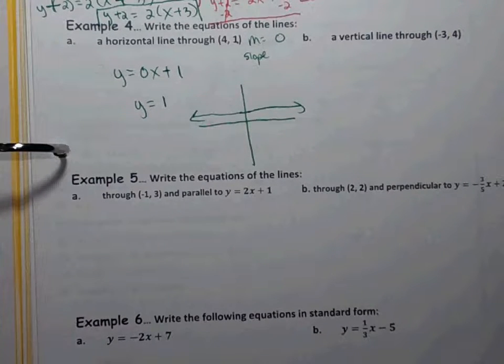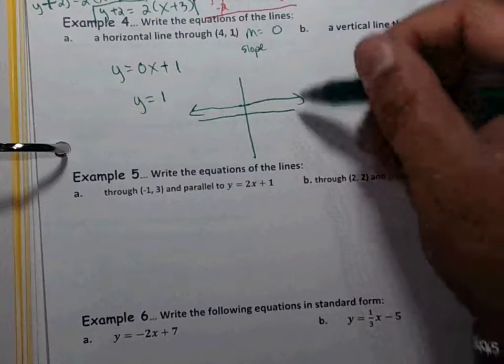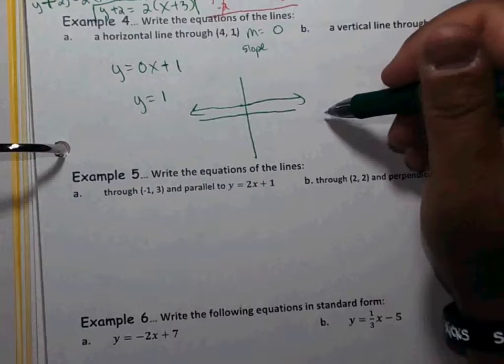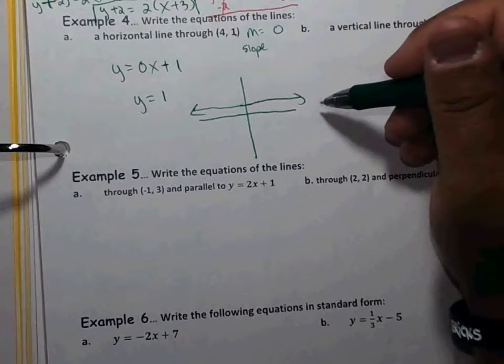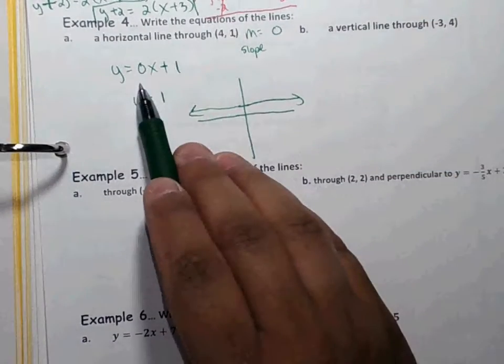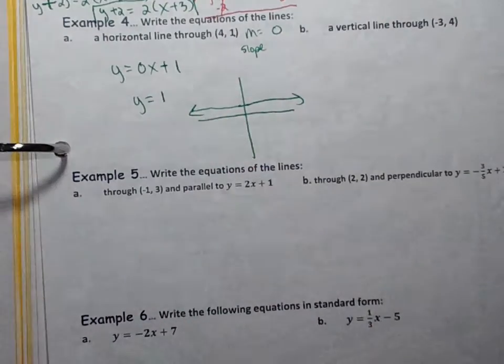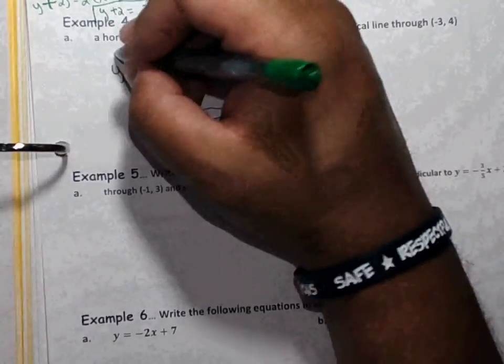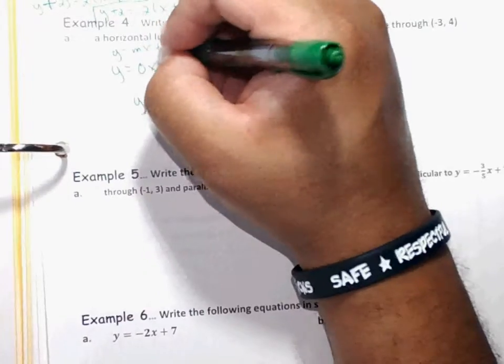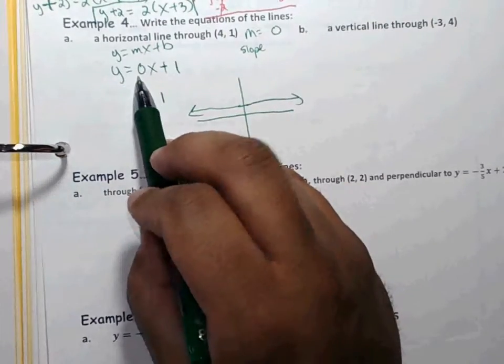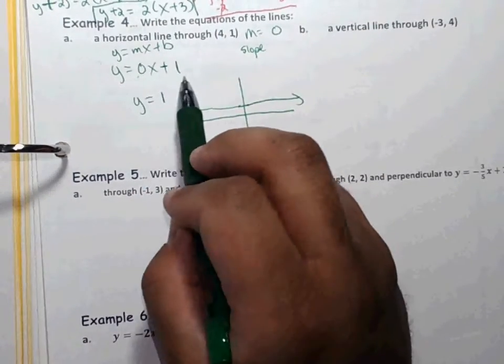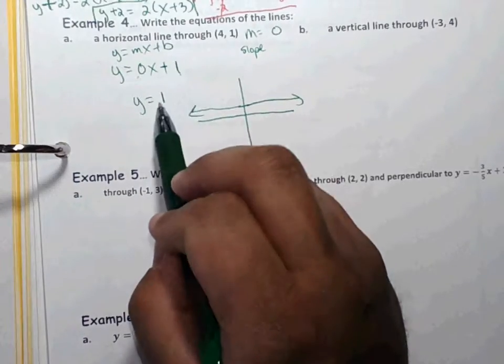Yes, ma'am. So a horizontal line is left to right, and that means that your line isn't going up or down, so your slope is 0. So if your slope is 0, if we plugged in a 0 into your slope intercept form, which is y equals mx plus b, the 0 and the x will go away, and the only thing you will be left with is your y-intercept, which is 1.